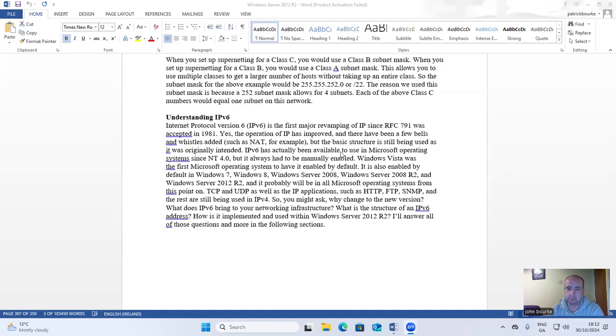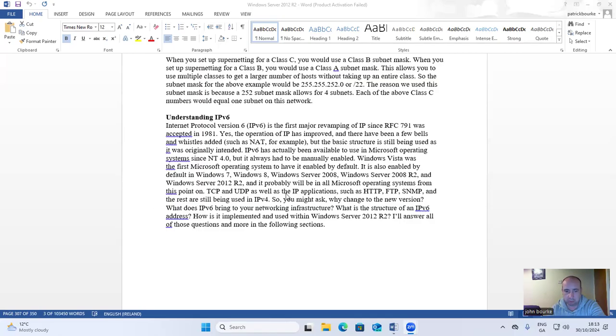IPv6 has actually been available in Microsoft operating systems since NT 4.0, but always had to be manually enabled. Windows Vista was the first Microsoft operating system to have it enabled by default. It is also enabled by default in Windows 7, Windows 8, Windows Server 2008, Windows Server 2008 R2, and Windows Server 2012 R2. And it probably will be in all Microsoft operating systems from this point on.